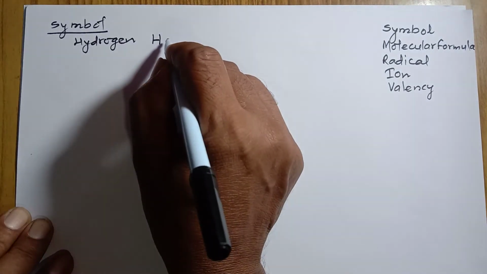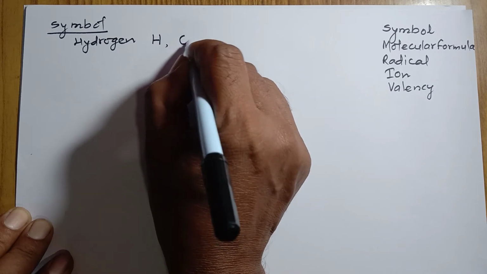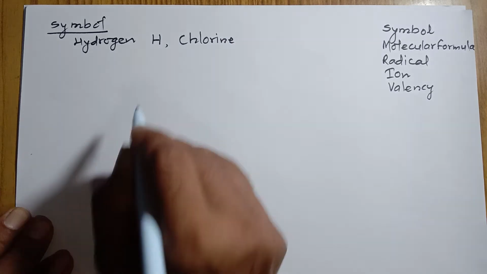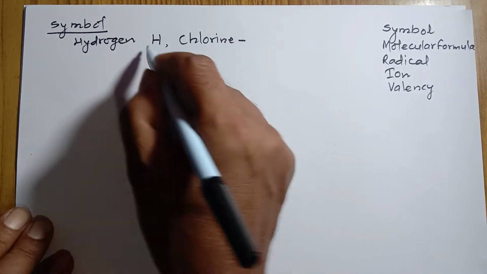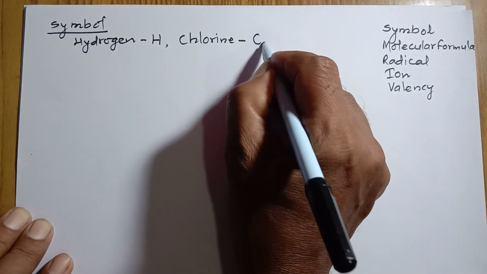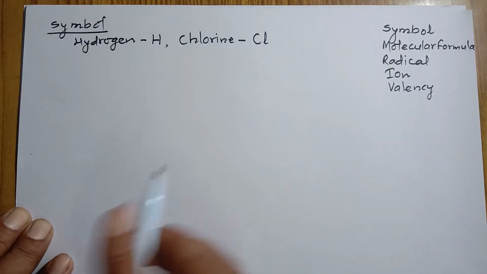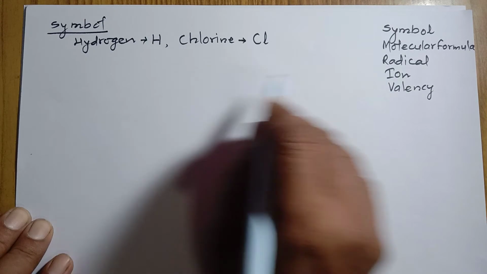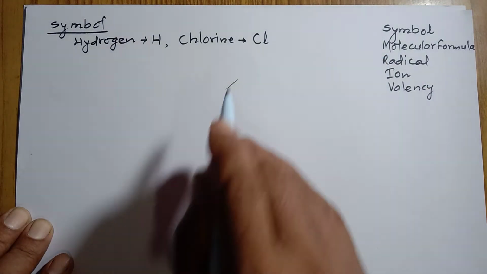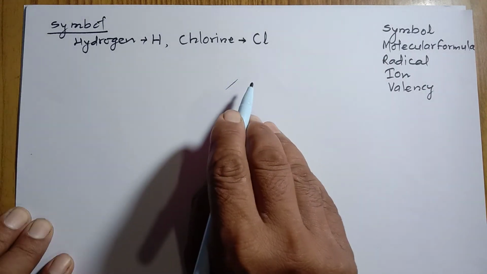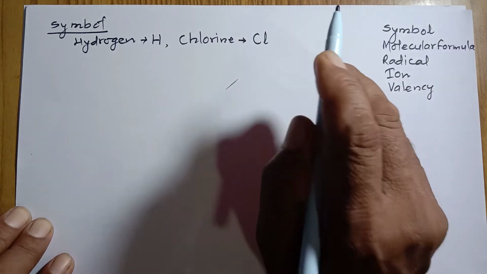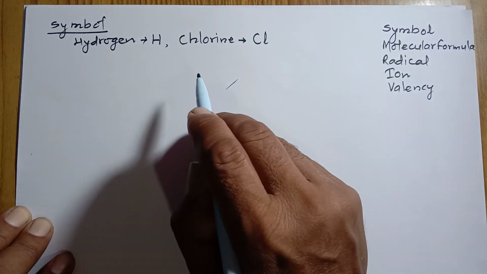In the same way, another one, just for example, chlorine. Its abbreviation is Cl. There is a symbol for each and every element, and this abbreviation for the full name of the element is symbol.